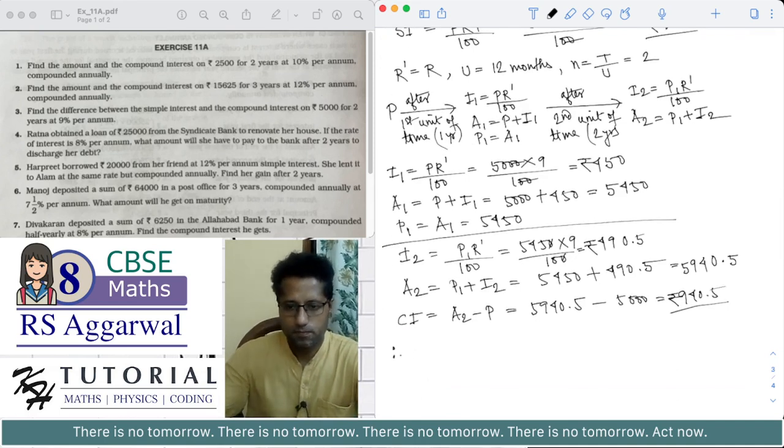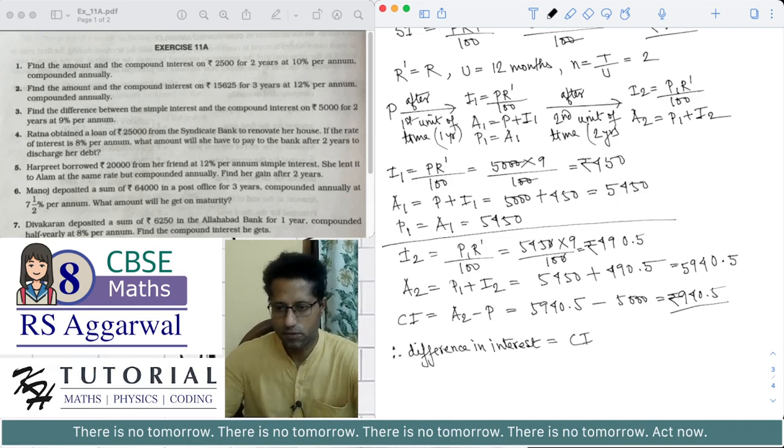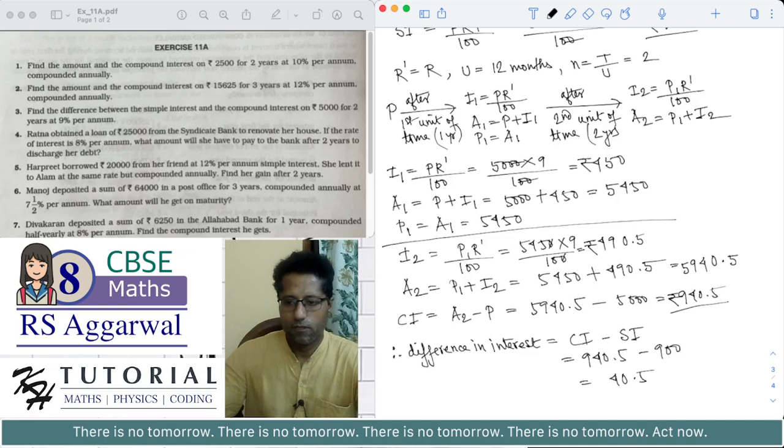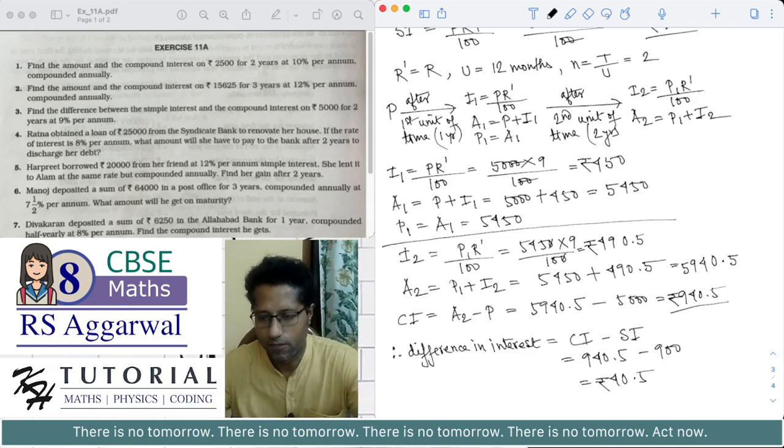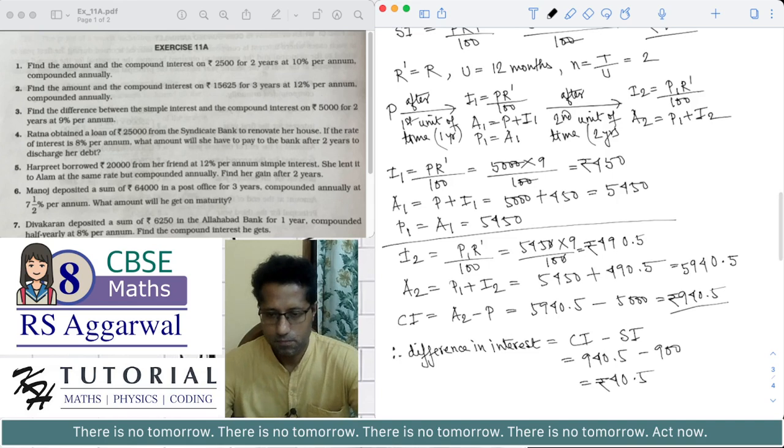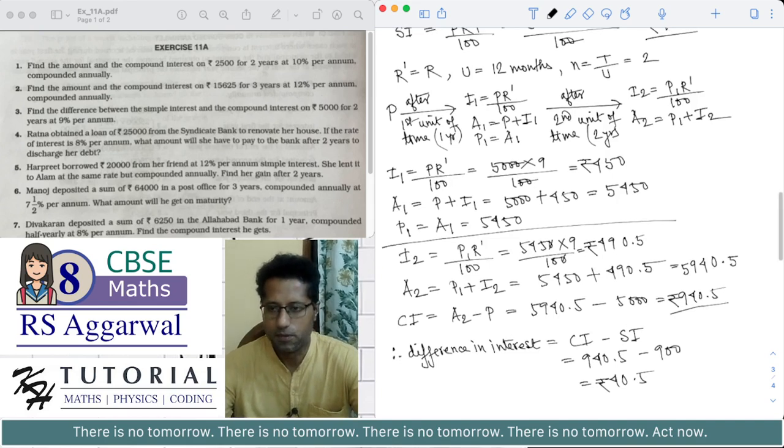So therefore, the difference in interest, compound interest is greater than the simple interest, CI minus SI, is equal to 940.5 minus 900. This is equal to rupees 40.5, the difference of the compound interest and the simple interest.